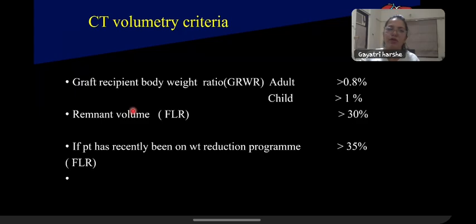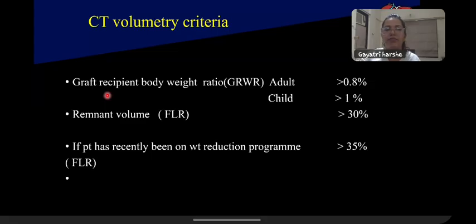Then what are the volumetry criteria? Because just doing volume doesn't give you any benefit. You need to know the volume criteria for graft recipient body weight ratio. That is the graft volume divided by body weight of the recipient. In the adult, it should be more than 0.8, and in children, it should be more than 0.1.